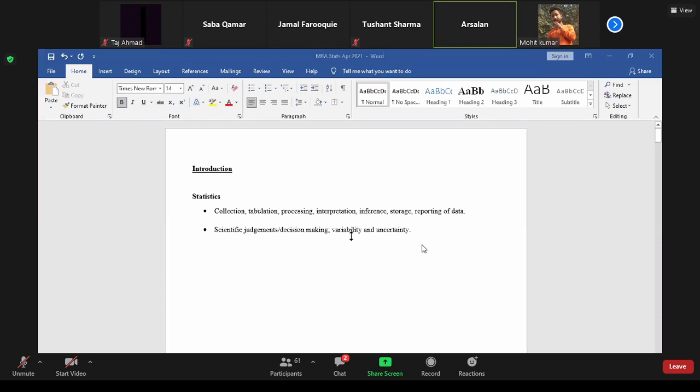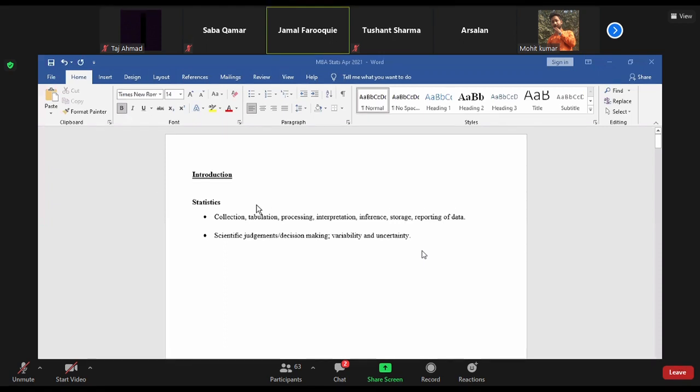And these days, especially, you know the importance of data in any field. It's not only management, but any field of studies, any field of profession, you will find statistics is very important.